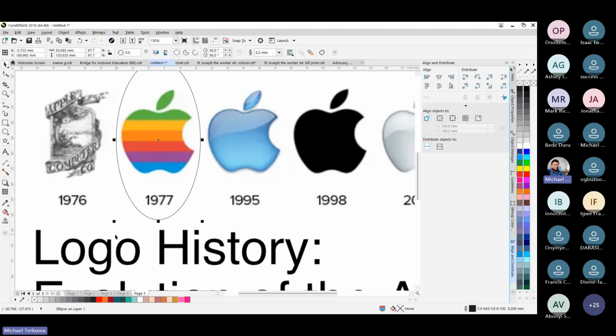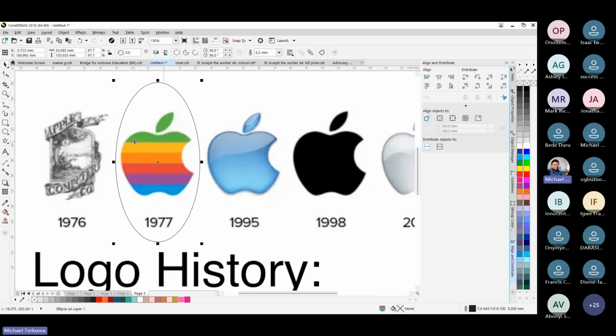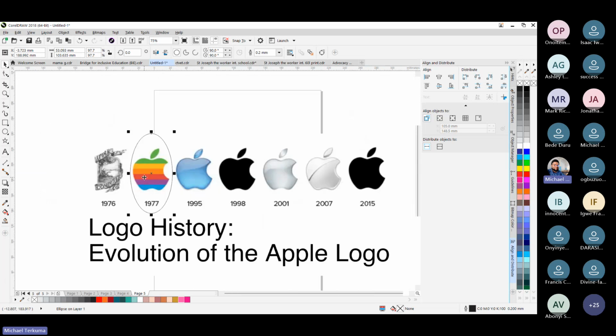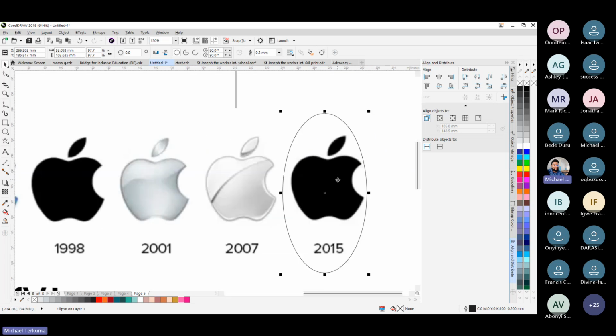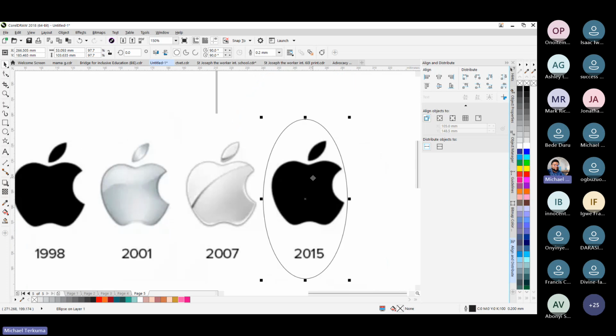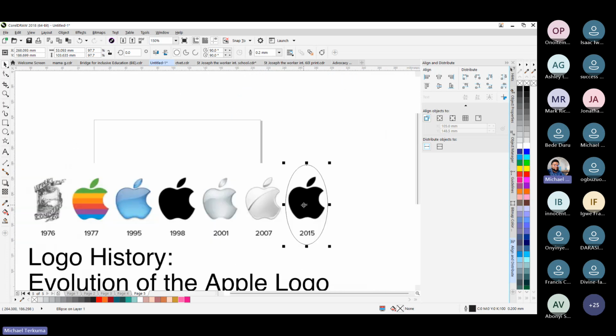Imagine you design a silver laptop and you place this logo on it. You will find out that it is very unprofessional in appearance. Their logo structure was okay, but to keep their brand unique, they evolved to a blue logo, then to a black one, and now we have the plain Apple logo that works with all colors.